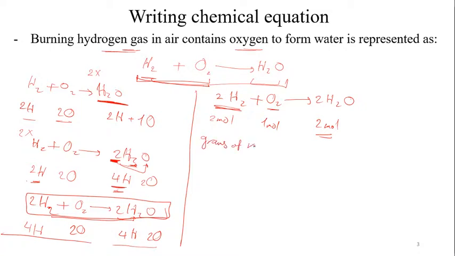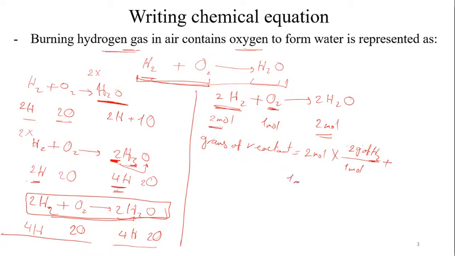of reactants, that would be equal to the number of moles, which is 2 moles, multiplied by the molar mass, if I know that each 1 mole of hydrogen contains 2 grams of hydrogen. I have to know here I have 2 atoms, each one of them is 1, so I multiply by 1, which is equal to 2, plus I will do the same with the oxygen.